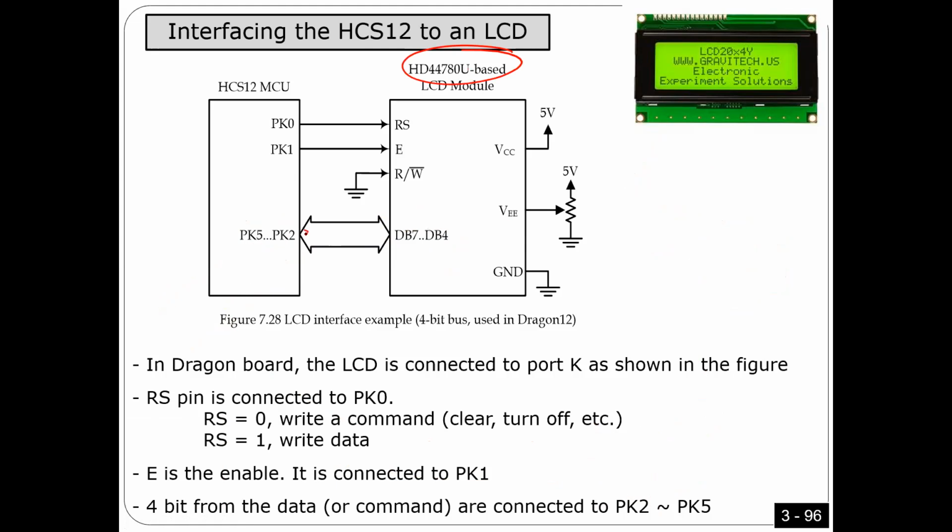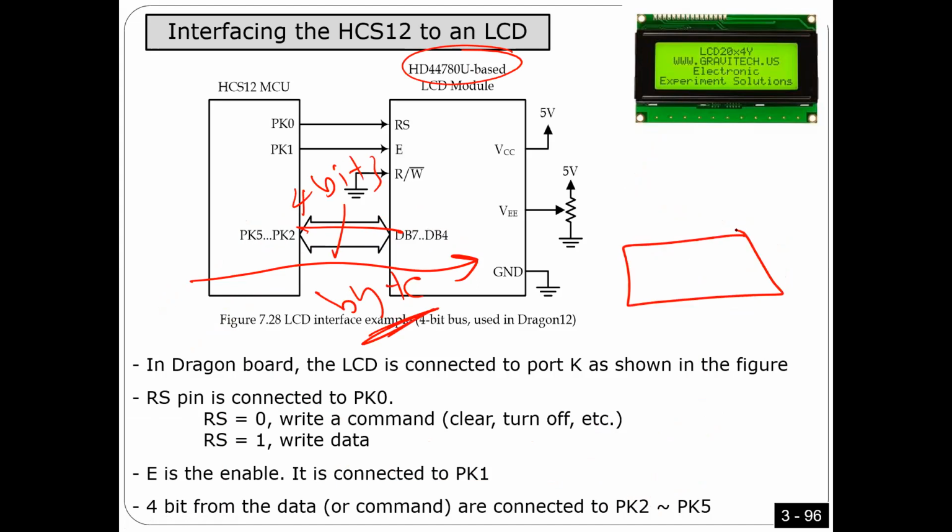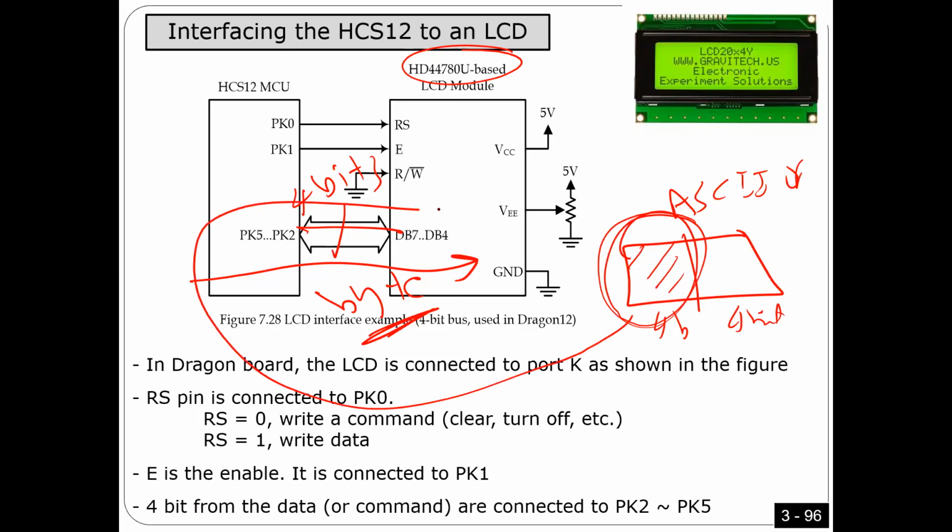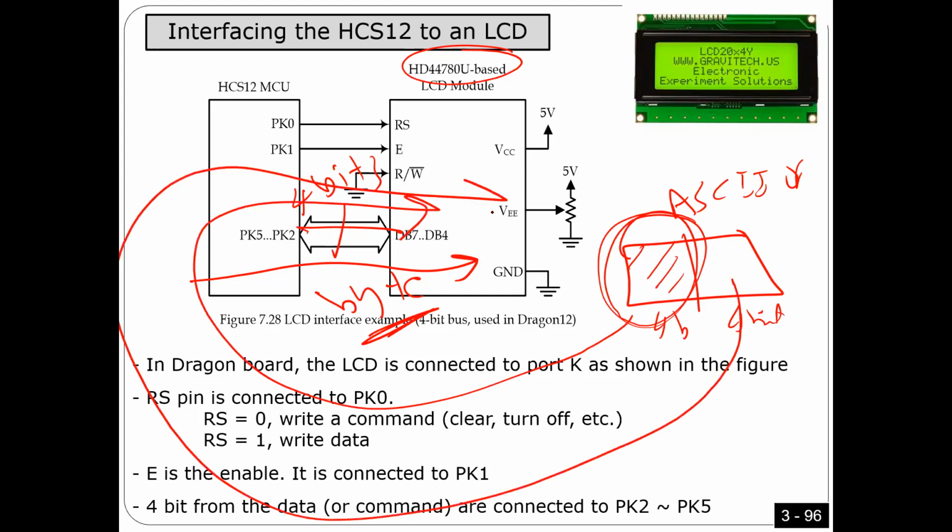Because it has only 4 bits here, and I have to send a byte, what I'm going to do is, if you have a byte, which in this example is the ASCII of a number or a character I want to display, I'm going to split it into 2 parts, 4 bits and 4 bits. You got what I'm saying? Then I'm going to send the most significant 4 bits first, and then the least significant 4 bits after that, okay? Twice.